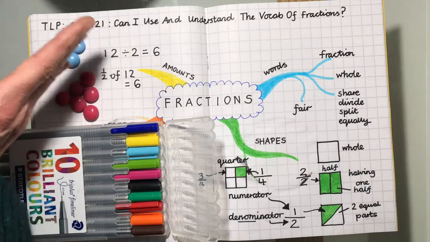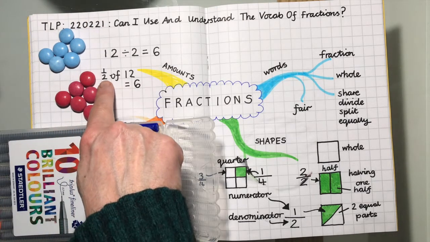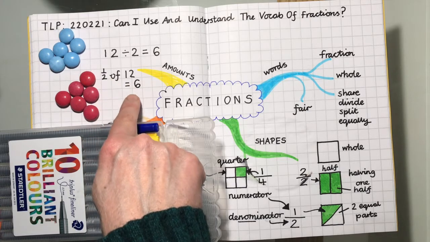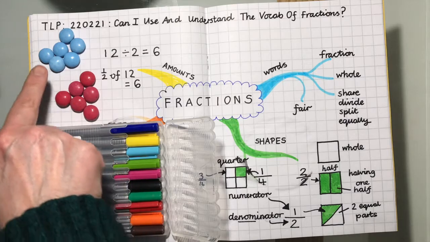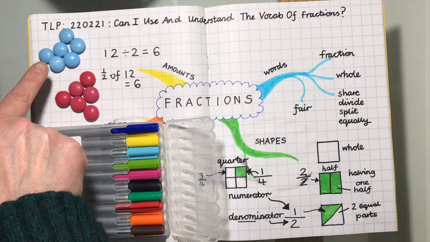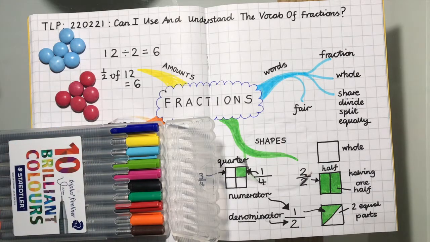Now if I chop something into 2 equal parts, I halve it. So I've written here that half of 12 is 6. So half are red and the other half are blue. But 12 out of 12 of my sweets are Smarties.